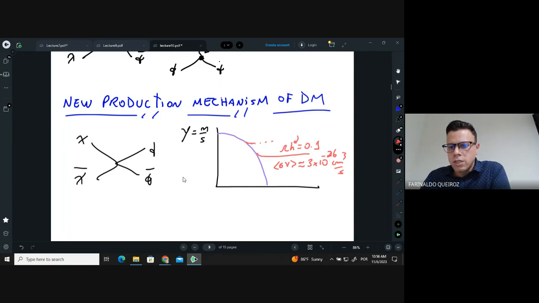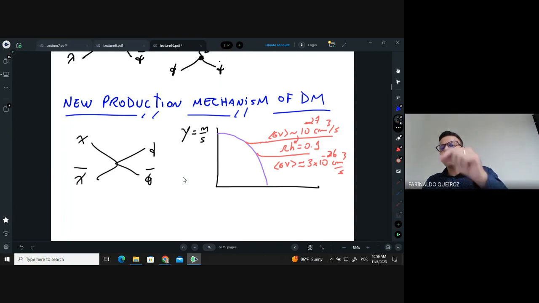So sigma v here is around 10⁻²⁷ centimeter cubed per second. If sigma v is too small, the abundance of that dark matter particle is too large. So we say we overclose the universe. That's the expression we use.